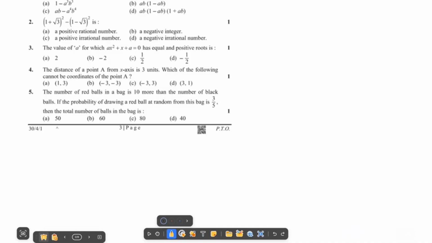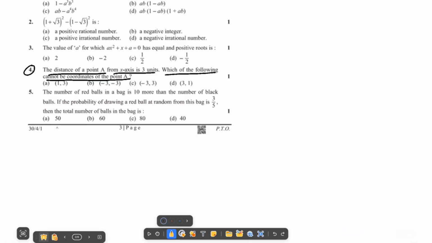So the fourth question is: the distance of a point A from the x-axis is 3 units. So the point A is 3 units from the x-axis. Which of the following cannot be the coordinates of point A? Here options are given, and which of these are not the points of A? Let's check.